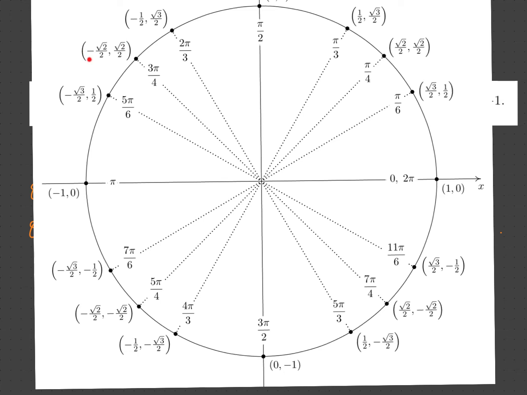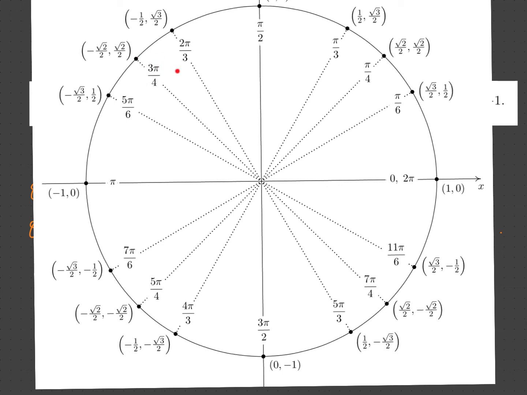If we took this value, -root 2 over 2, and divide it by its positive value, root 2 over 2, we're dividing something by itself, but one of them is just negative. Our output would be -1. So the cotangent of 3 pi over 4 is -1. Same reasoning with 7 pi over 4. These are the two spots on our unit circle where the cotangent is -1.